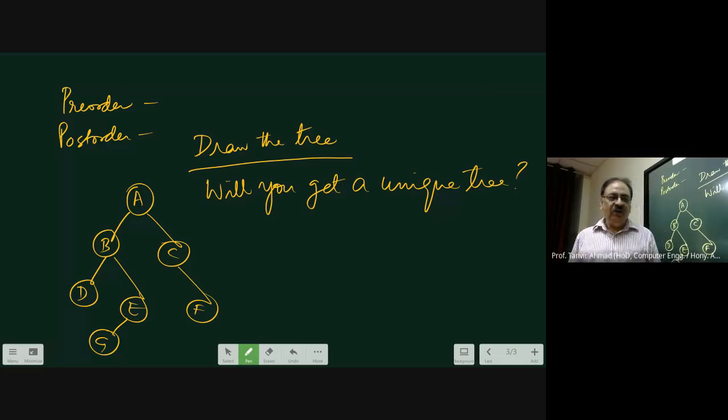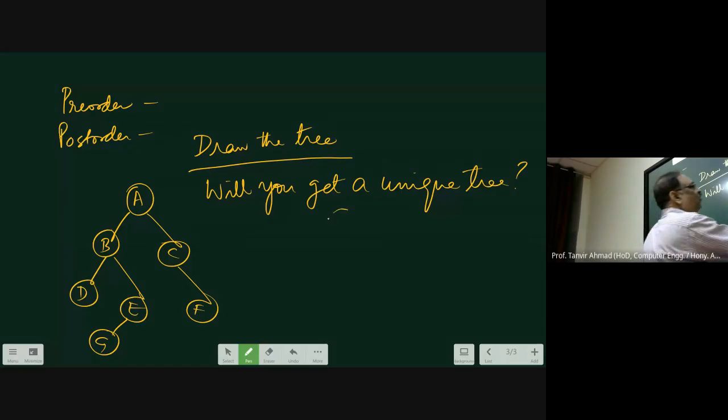You might not get the same tree, and in that case, there could be a tree which satisfies both of them correctly, but may not be unique. Okay, it may not be unique.